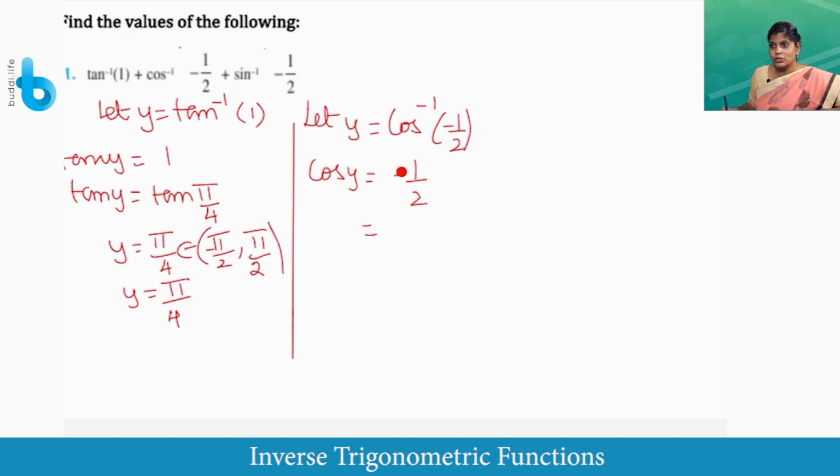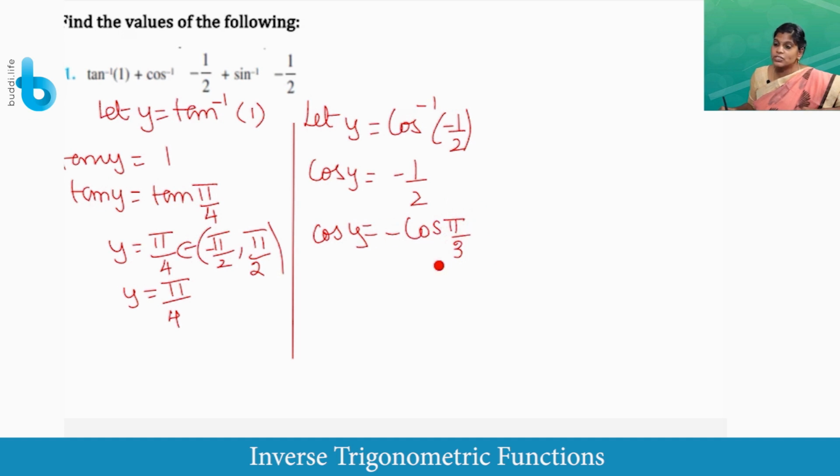For what value of theta will the cos become 1 by 2? Pi by 3. So cos y equal to minus cos pi by 3, and as I already said, the theta value will never become minus.